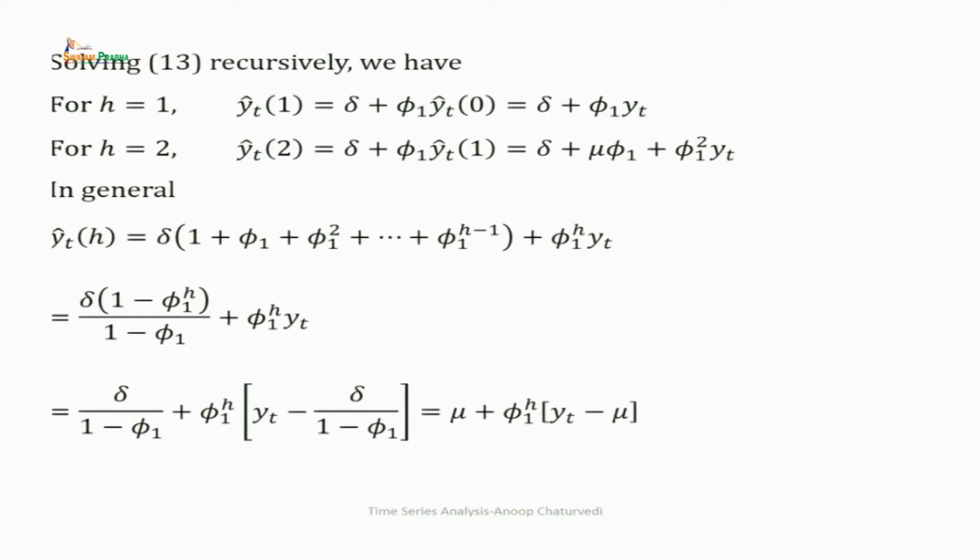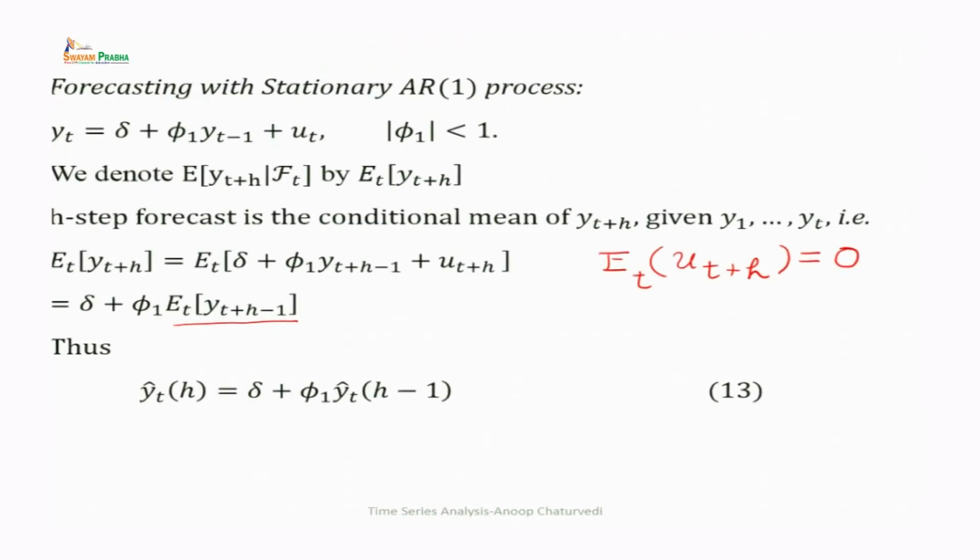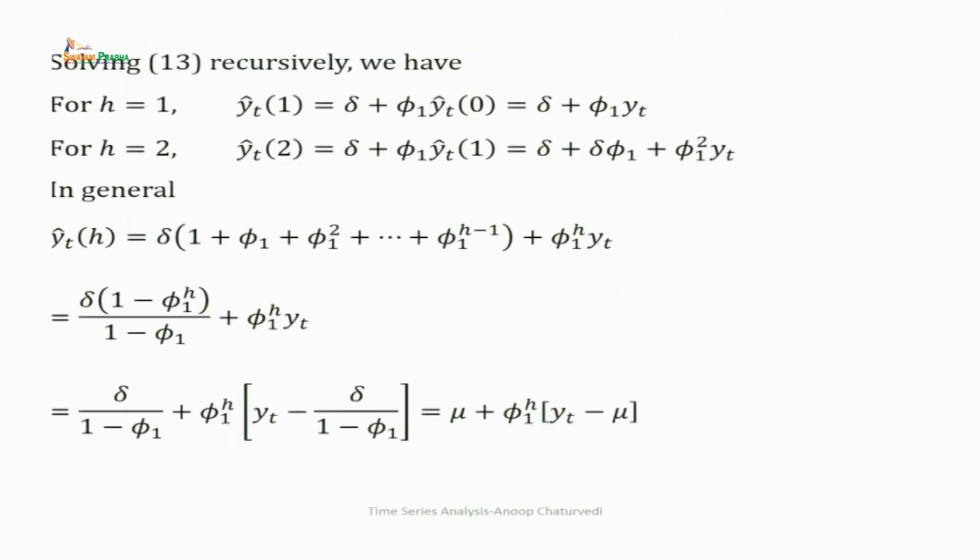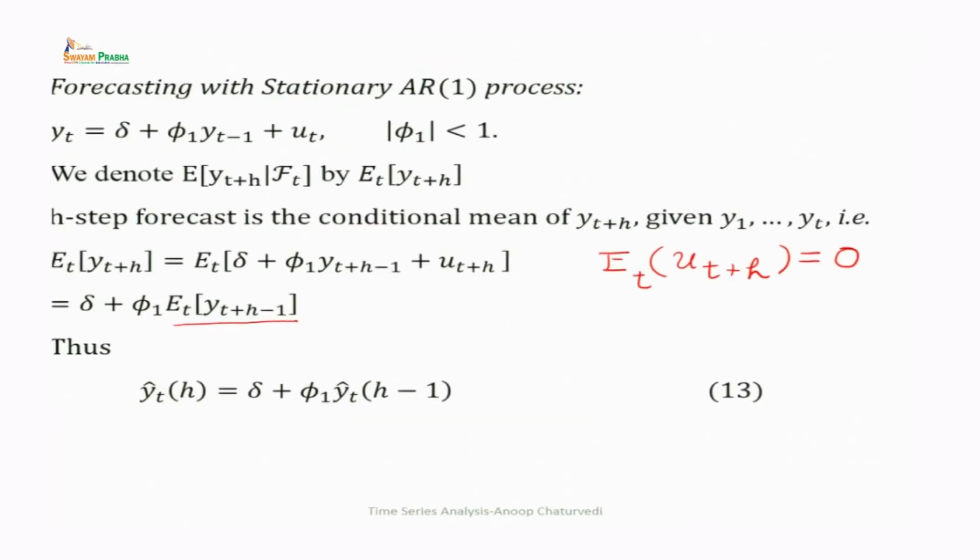Then we solve this equation recursively. Now, we solve equation 13 recursively, and we first take h equal to 1. So, y hat t 1 is equal to delta plus phi 1 y hat t 0. This is your equation 13, and you have taken h equal to 1 here.